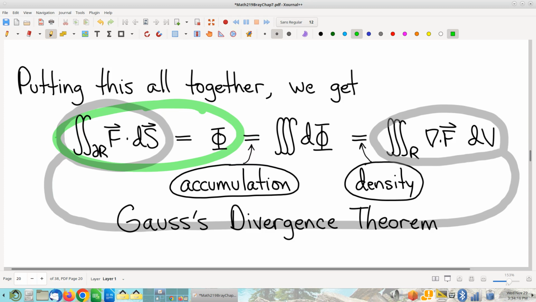Okay. Second observation. It's an accumulating quantity. The whole is the sum of the parts, which is literally what this equation says. The whole flux is the sum of the little pieces of flux that you get when you cut it up into pieces.